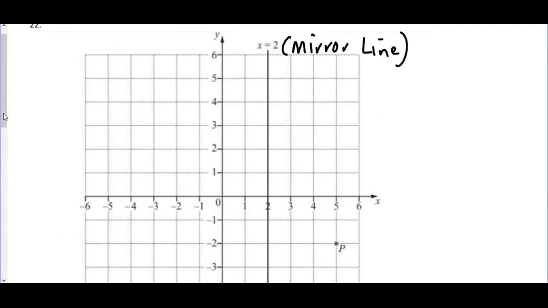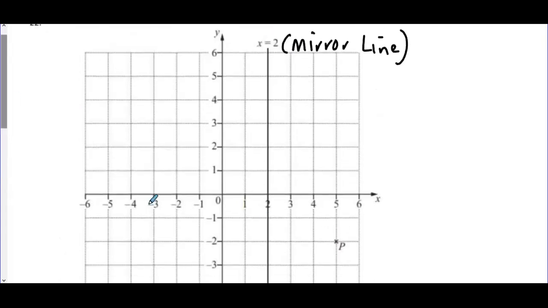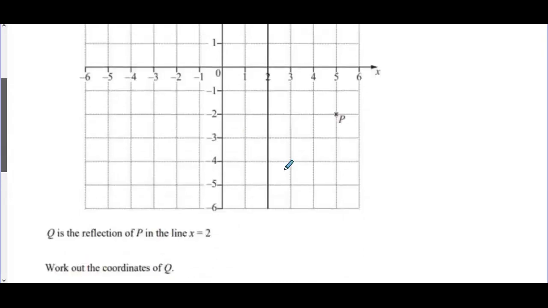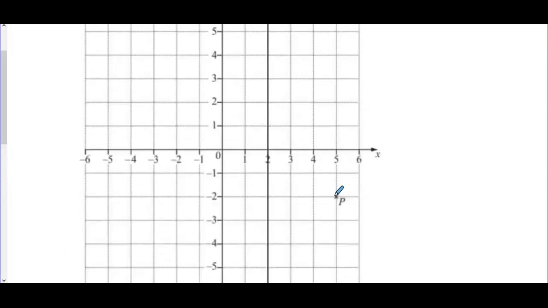Now with this mirror line, they're saying that Q is a reflection of P. So if this is point P and this is your mirror line, you count the number of boxes from the mirror line to where point P is. You have 1, 2, 3 boxes.